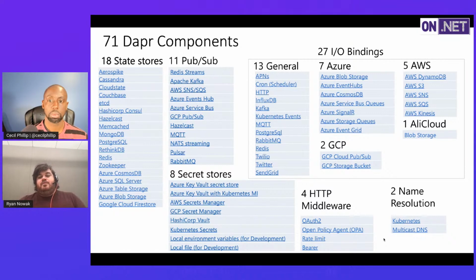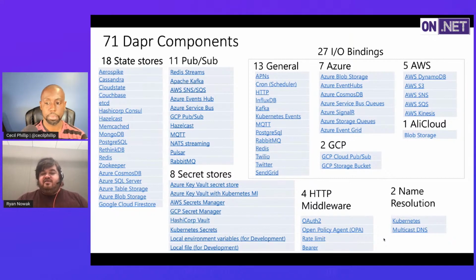A lot of the work that's been done to build these components has been contributed by people. And I would actually say the vast majority of these have been contributed by users of Dapr or the companies that own those services, either saying, I want to use S3, so I'm going to contribute a binding for it and then use it, or people who own those services saying, I want this to have a good experience in Dapr, so I'm going to contribute it and maintain it.